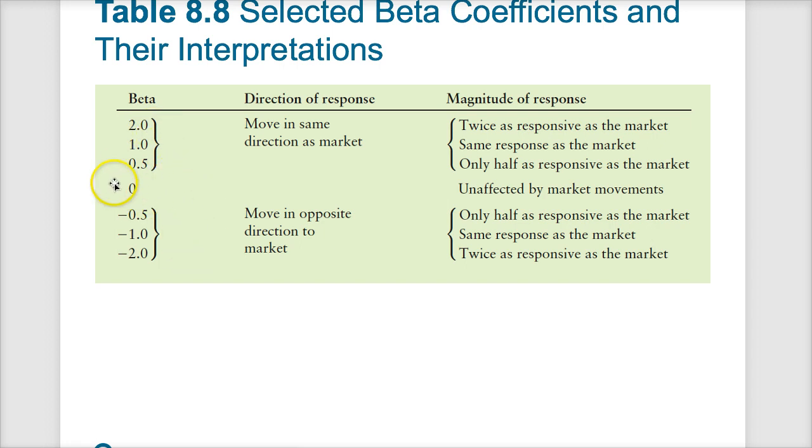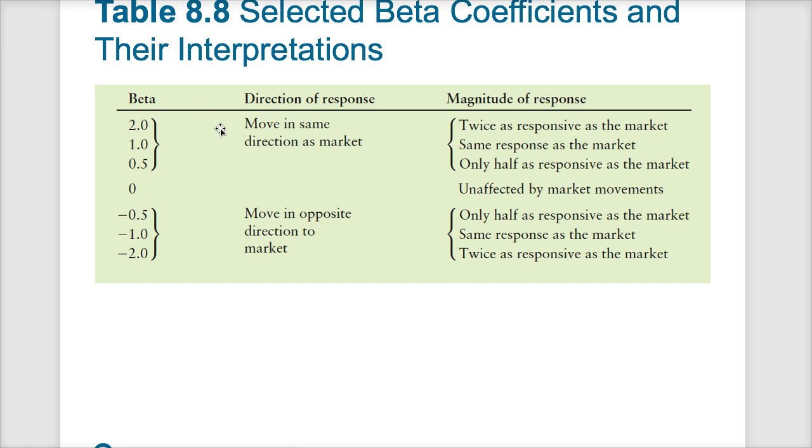A beta of 0, your stock would be unaffected by market movements. But if your stock had a negative 1 beta, if the stock market went up 10%, your stock goes down 10%. With a negative 2 beta, if the stock market went up 10%, your stock goes down 20%. A beta of negative 0.5, the stock market goes up 10%, your stock goes down 5%. And if your stock had a beta of 0.5, if the stock market went up 10%, that's right, you got it, your stock would only go up 5%.